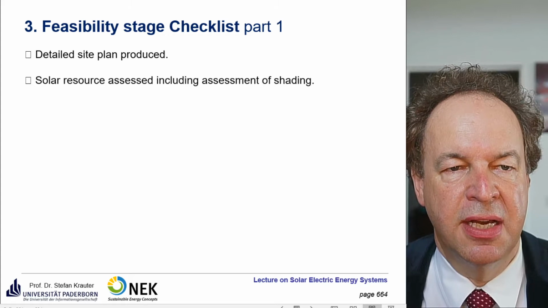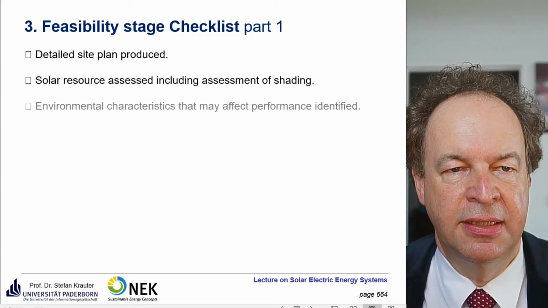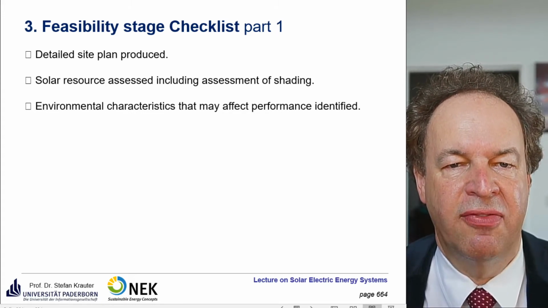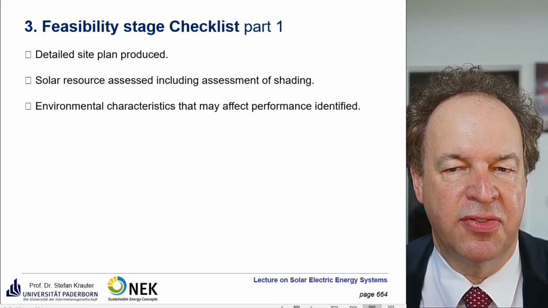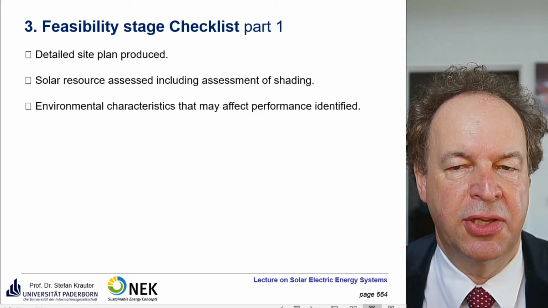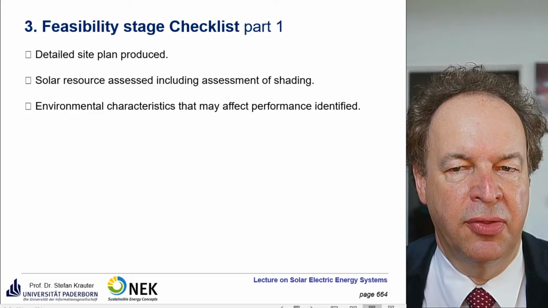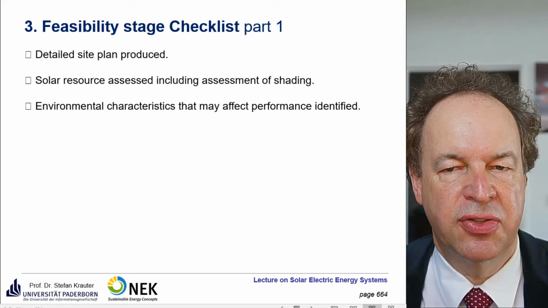This is also related here: solar resource assessed, including assessment of shading. That's exactly that. And the environmental characteristics that may affect the performance identified. So is there, for example, a lot of sand which will accumulate on the modules, or dust? Is there an industry nearby, or are there trees which drop their leaves during winter time?